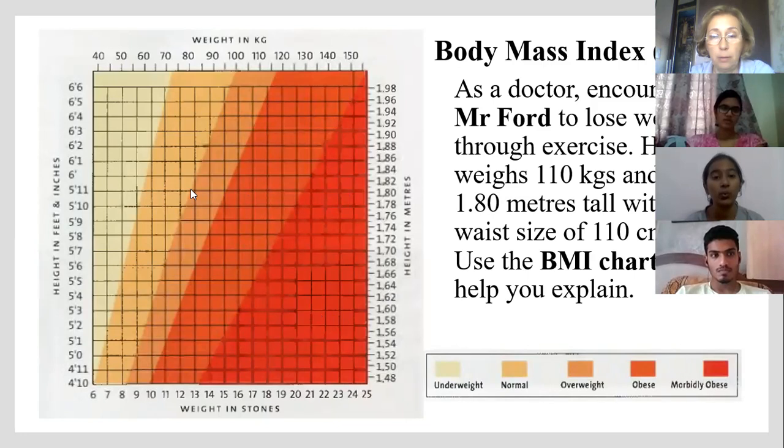His normal waist must be between 80 to 85. No, it's so overweight. And the normal should start from 60 to 70, let us say, yes, from 60 to 85.